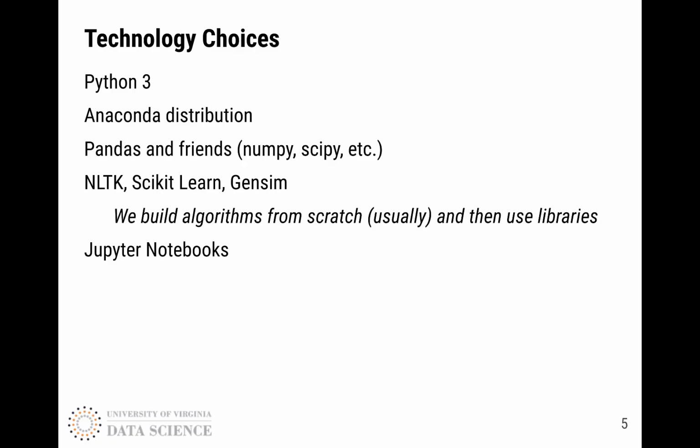We're using these tools as opposed to something like spaCy, which many of you may have heard of, which is actually quite a good library, because we're going to be focusing on building algorithms from scratch.